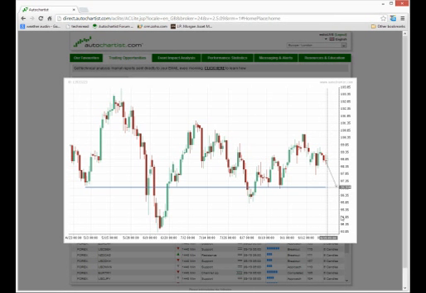You could be even smarter. You could take advantage of some of the more interesting type of orders you can do in your trading platform. For example, you can set a stop or limit order, depending on which way you're going, but you can set a pending order down at 96.50 to go short.